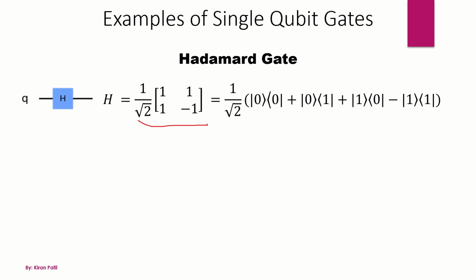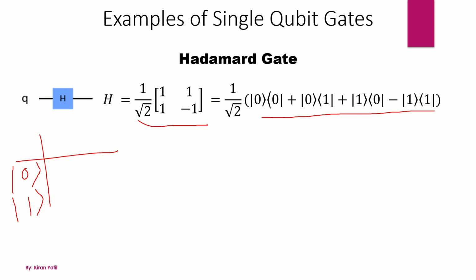As I taught you previously, firstly find the equation for this Hadamard gate. How do we find the equation for the Hadamard gate? Simply write like this: ket 0, ket 1, bra 0, bra 1, and here the matrix form [1 1; 1 -1]. Now see, ket 0 multiplied by bra 0, and this 1 is multiplied, so 1 is not written over here.